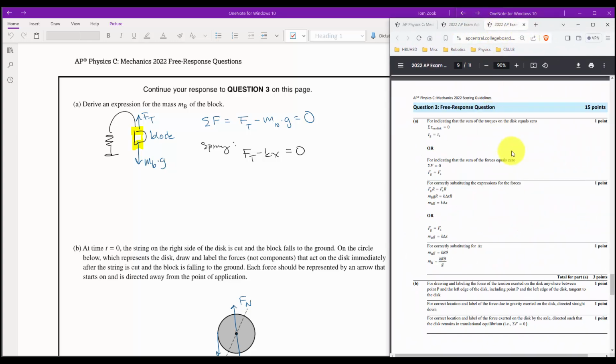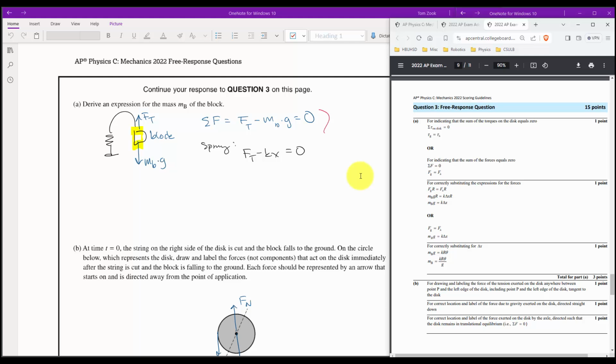5.5. Yeah, 5.5. All right, so problem 1, part A, for indicating that the sum of the torques on the disk is 0 is 1 point, or for indicating that the sum of the forces is equal to 0. Oh, okay, that's good. So this one right here, spring and gravitational, they're just summing all that up together into one big step. They're kind of skipping some of the stuff.